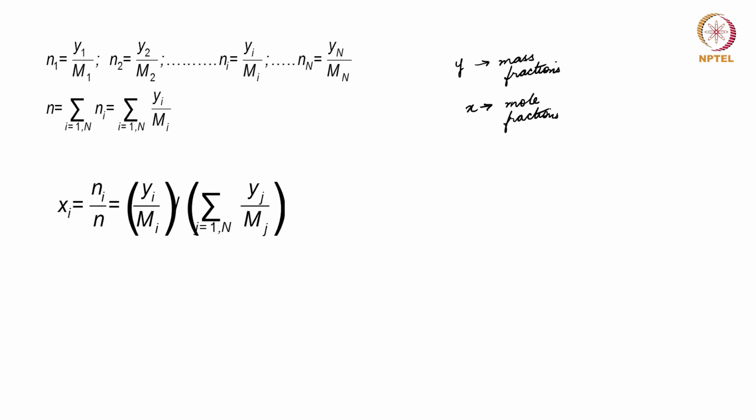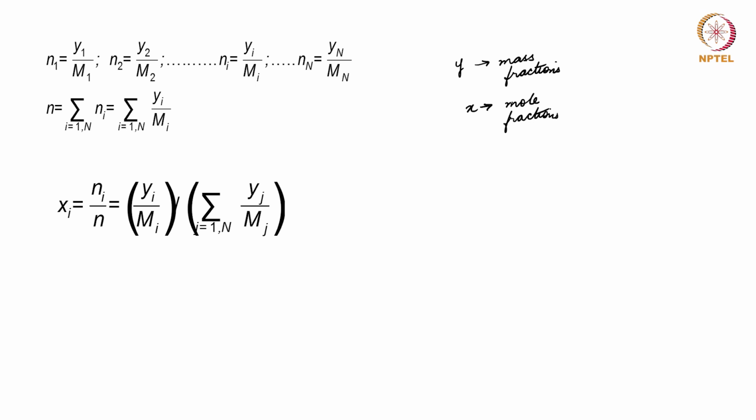In general, when I know the mass of a component and want to find the number of moles, I divide the mass by the molecular weight. Molecular weight has units of kg per kilomole.